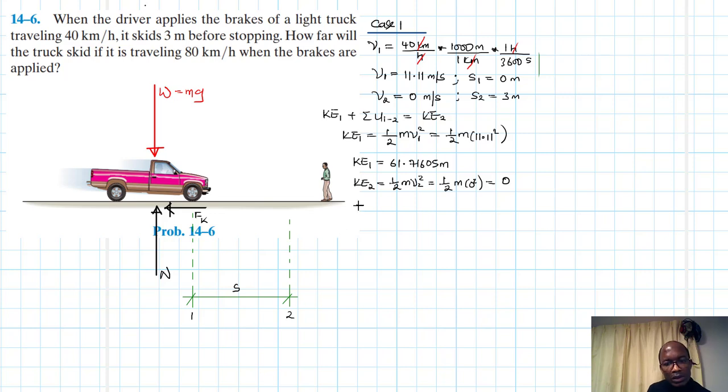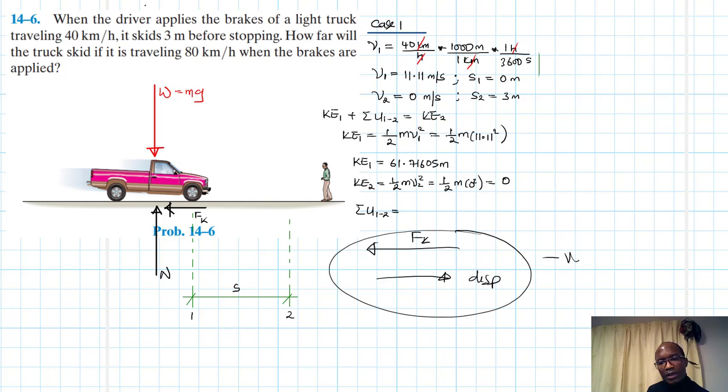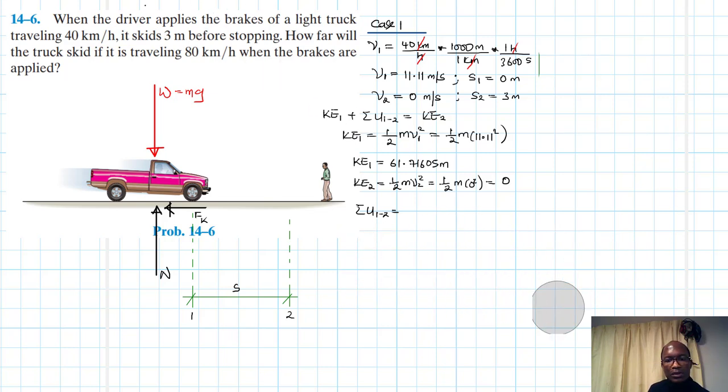At this stage let's find the total work. We have Fk in this direction and the displacement in this direction, therefore the work here is negative work. So this gives us minus the integral from S1 equals 0 to S2 equals 3 of Fk ds, and this just gives us minus 3 Fk.